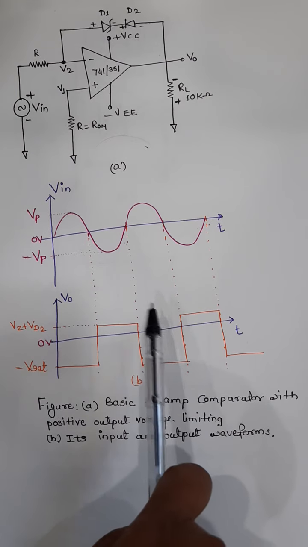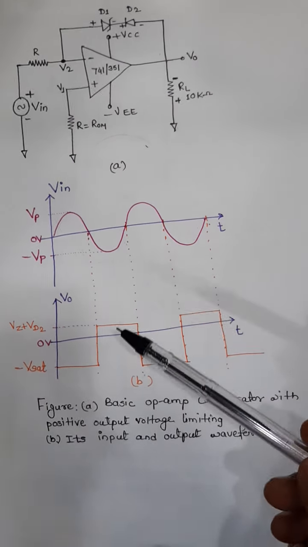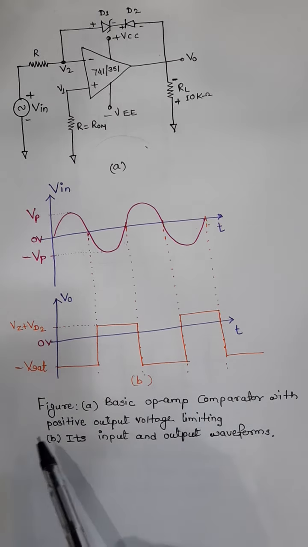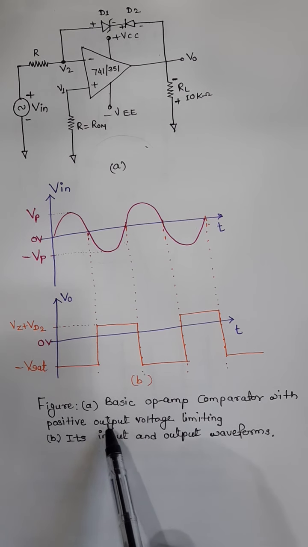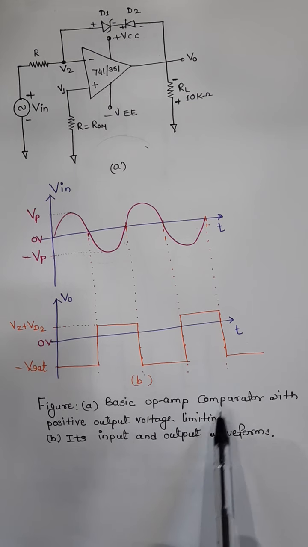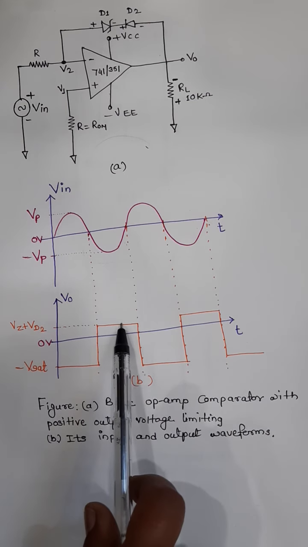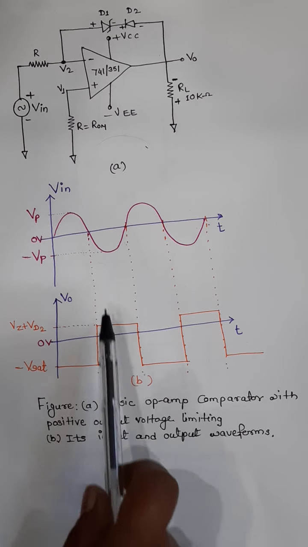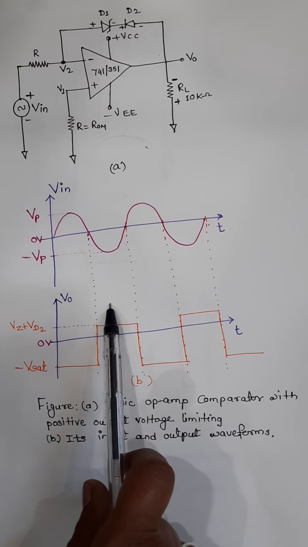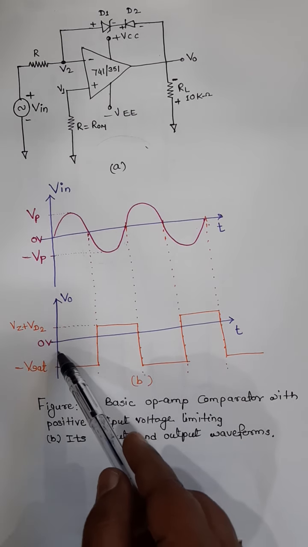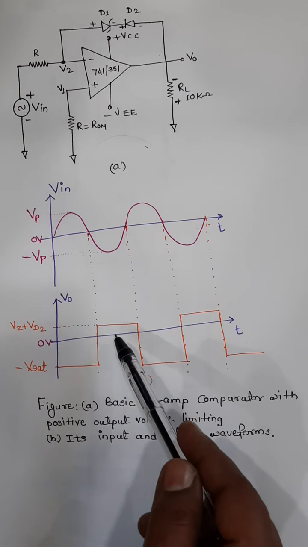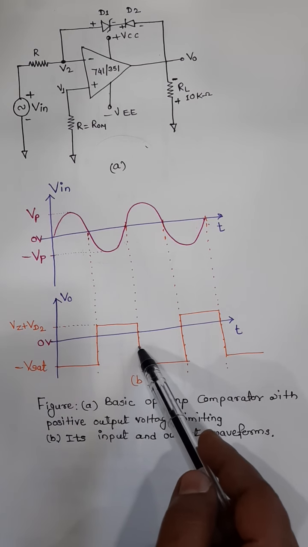volt. Okay, that is one of the things, that we control the output positive voltage swing, or positive output voltage limiting circuit. We have limited this output. It does not go to the positive saturation. In the same way, we can make the arrangement to control the negative output.